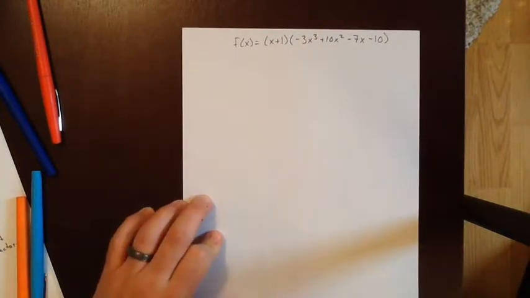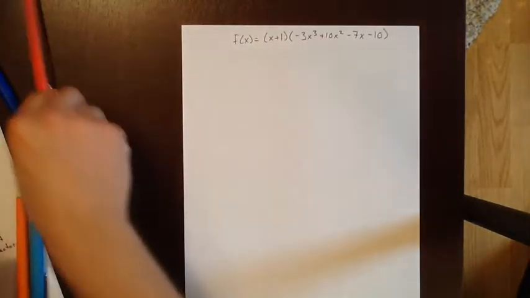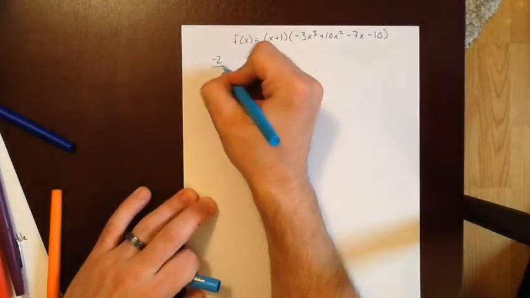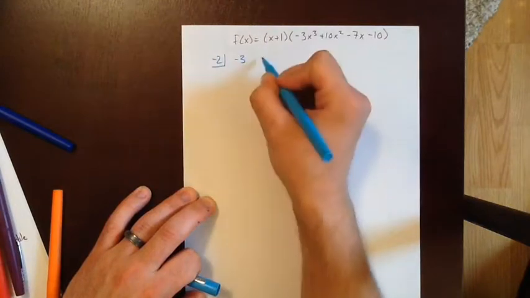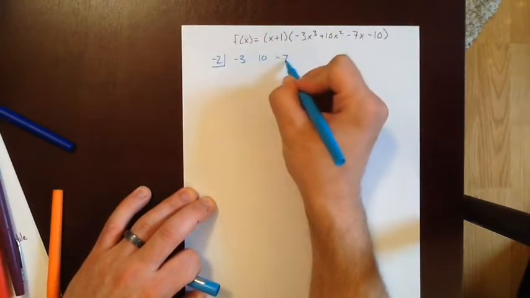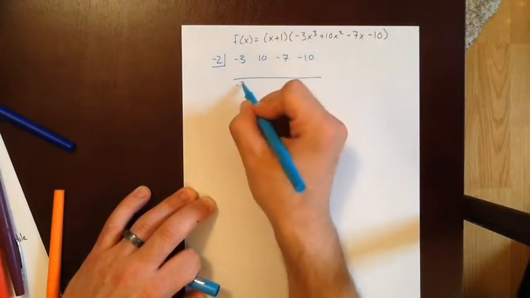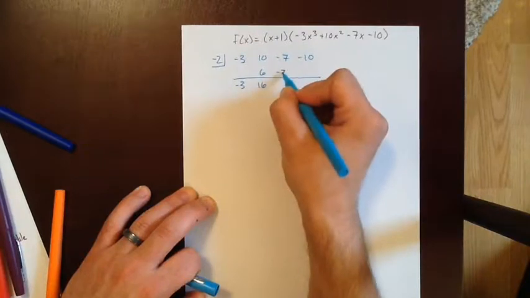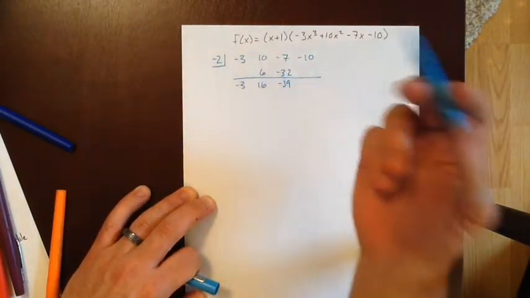And this is where we just test. Just pick a number and test. So let's try -2. We're using our new polynomial, -3, +10, -7, -10. Drop down the -3, +6, 16, -32, -39, -2, -39.